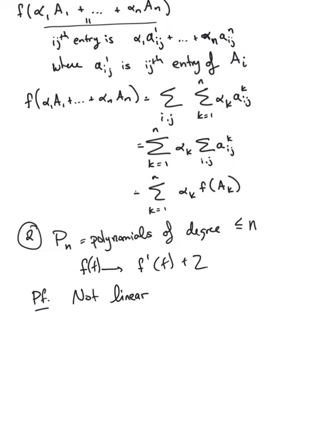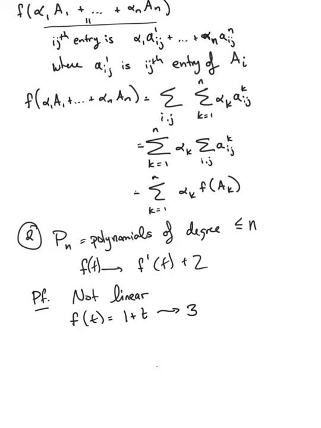We can just give a specific example. One example would just be the 0 function, because it goes to 2, and it should go to the 0 function. I'll give another example. If I take f of t is 1 plus t, then this goes to 3 under this function.